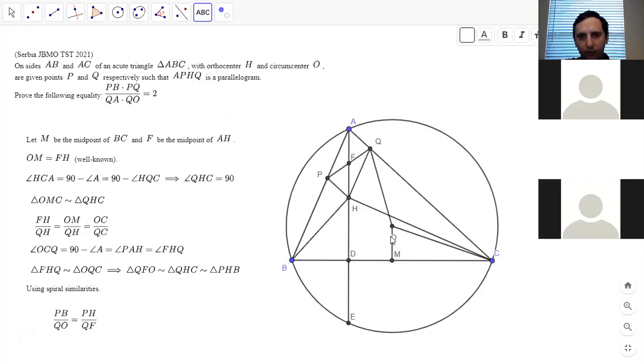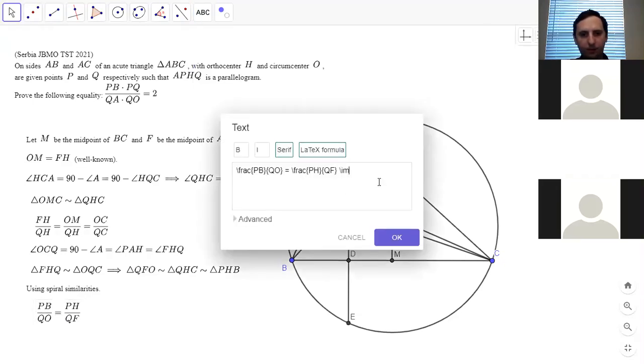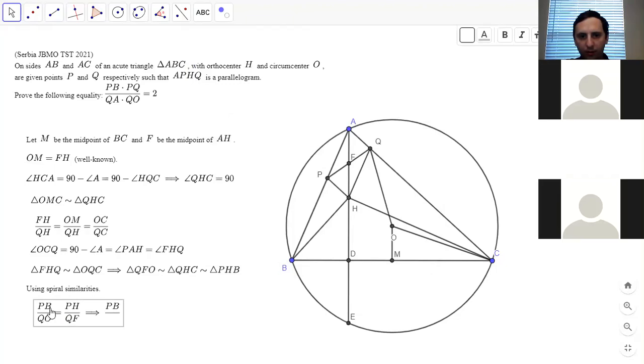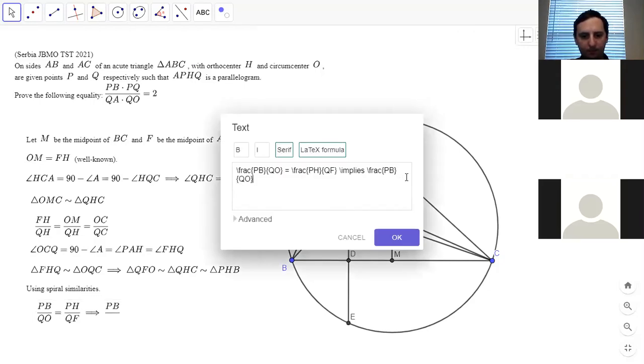So that's PH over QF. And that means that PB over QO, we could just leave that as QO, but PH is QA, and QF is PQ over 2. And then that implies what we want to show.